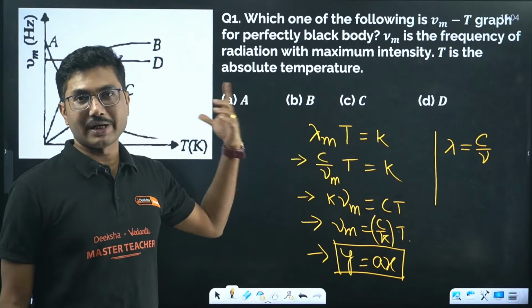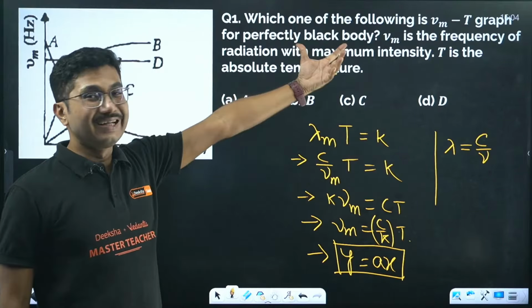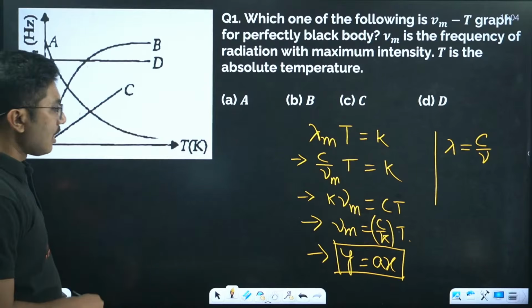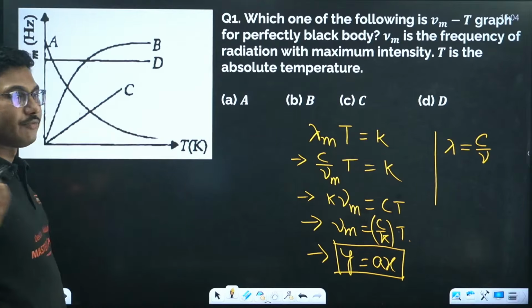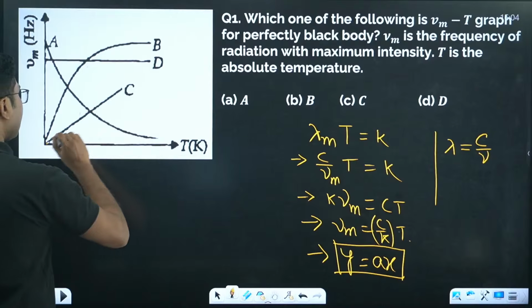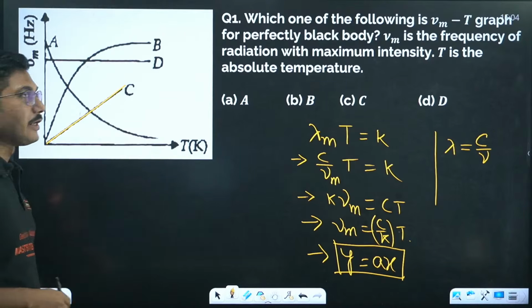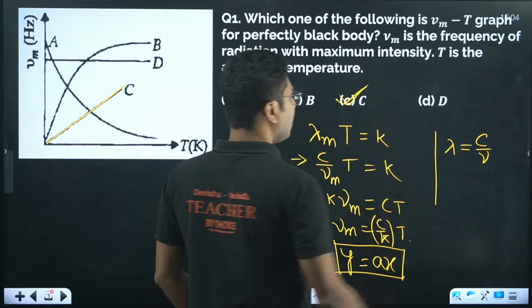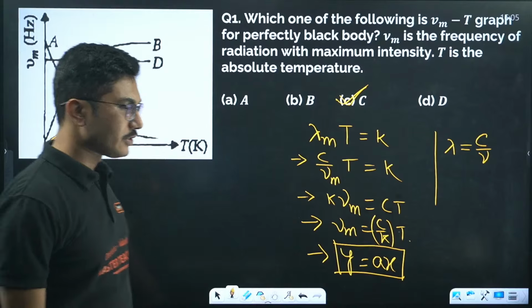If you know the formula, write it down and then try to relate it to the given graph. In graph based questions, always try to find the equation. If you can find the equation, it's very good. Here this line represents a straight line passing through origin, so the correct answer is option C.